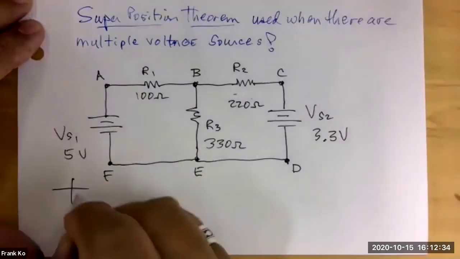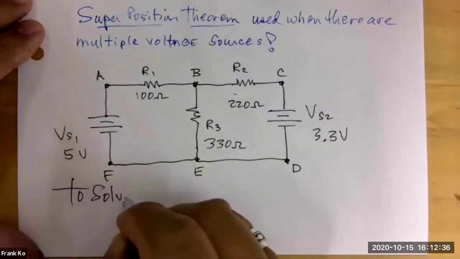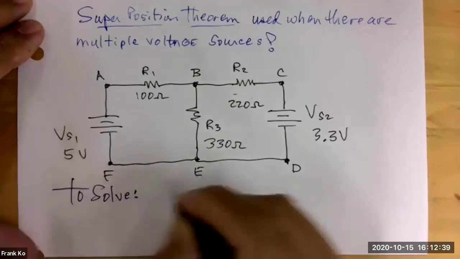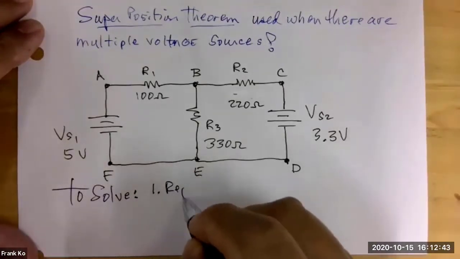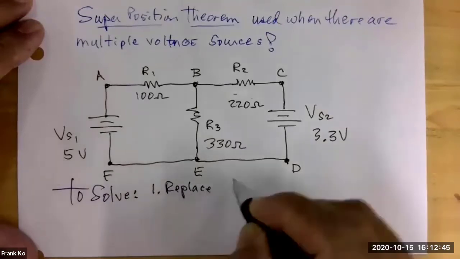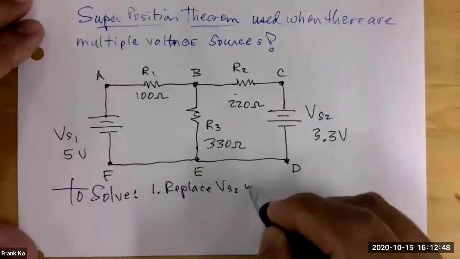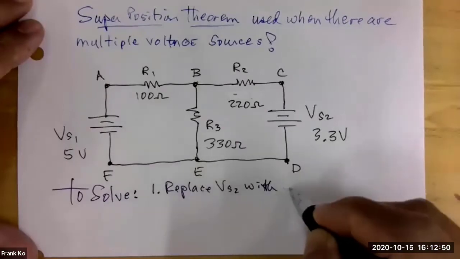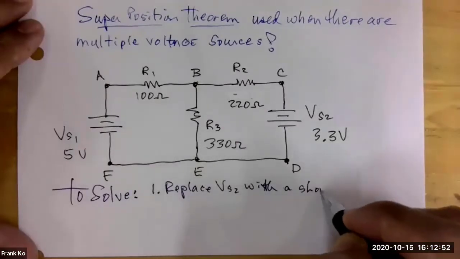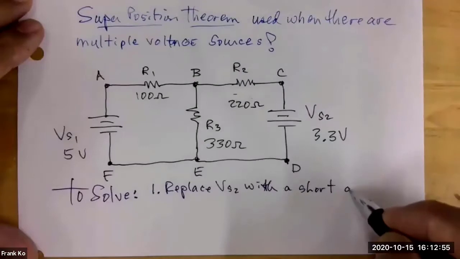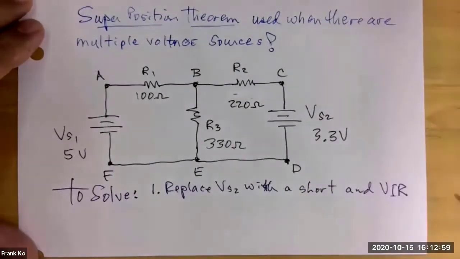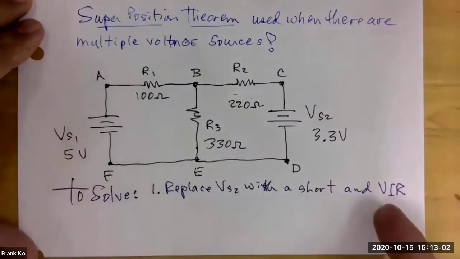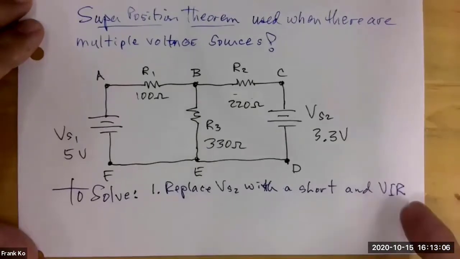So to solve, the steps are, number 1, replace VS2 with a short and VIR. So you are going to create a table for voltage, current, and resistance.